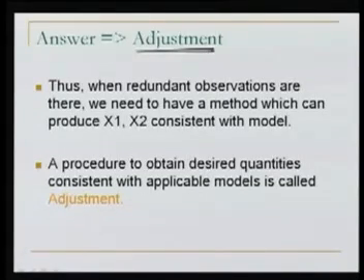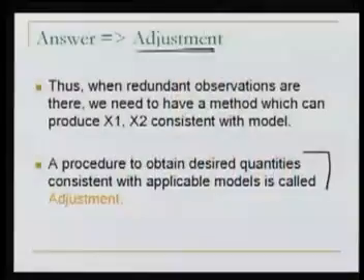We want redundancy in the observations because it helps us to look for the errors. In case of redundant observations, we need a way to find a solution which is consistent with the functional model, which the observations should satisfy. That we can do through the process of adjustment.